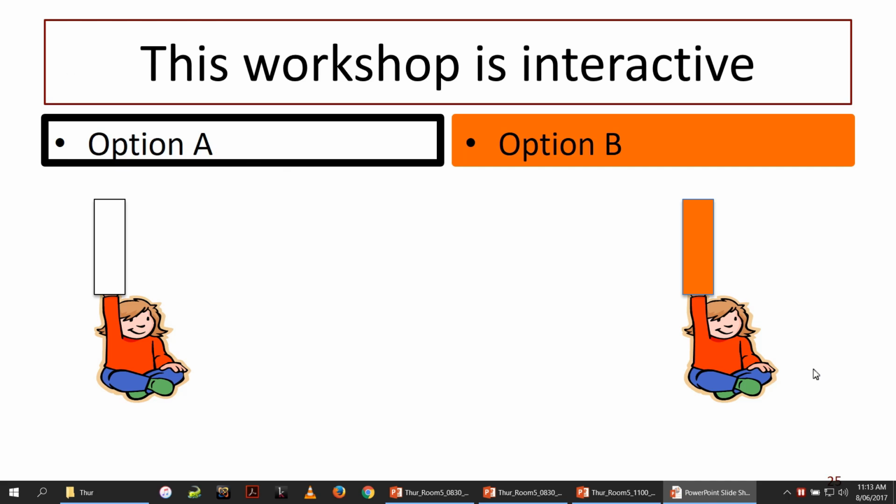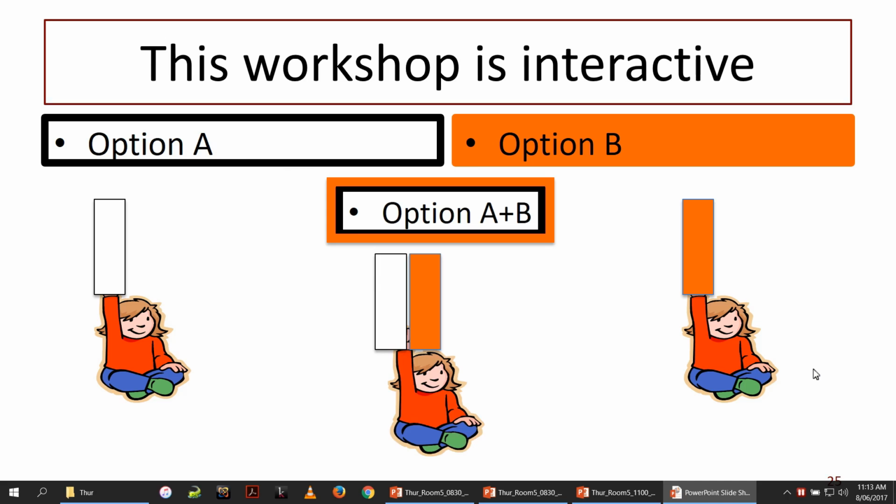As well as option A and option B, I thought I'd make it a bit more complicated and have a third option, which is option A plus B. Could we just have a demonstration of A plus B? Thank you very much. Very good. And as if 3 options wasn't bad enough, I'm going to give you the 4th one.